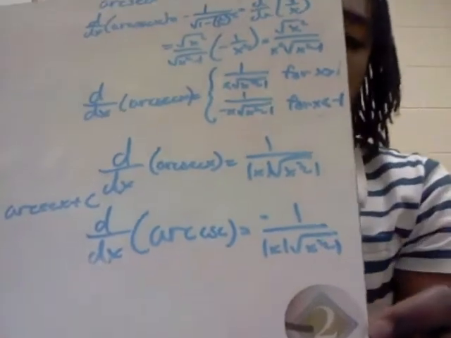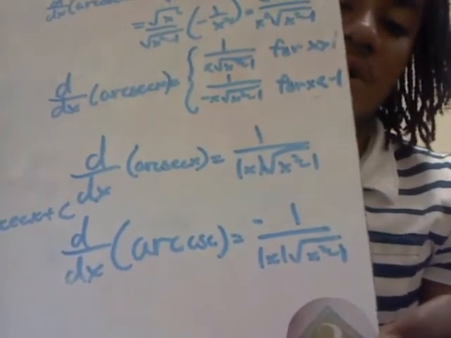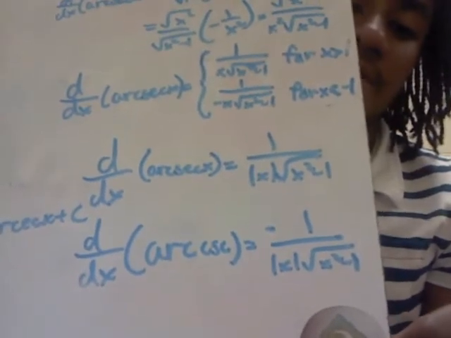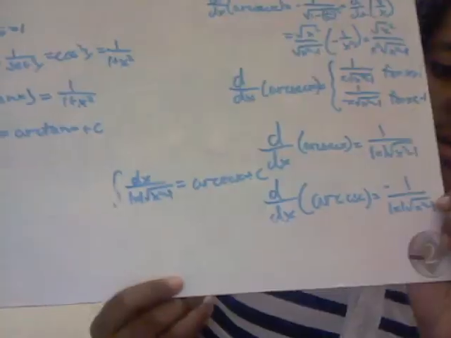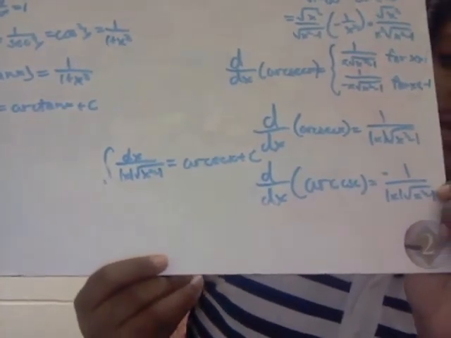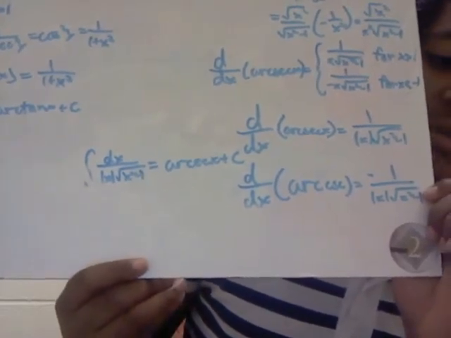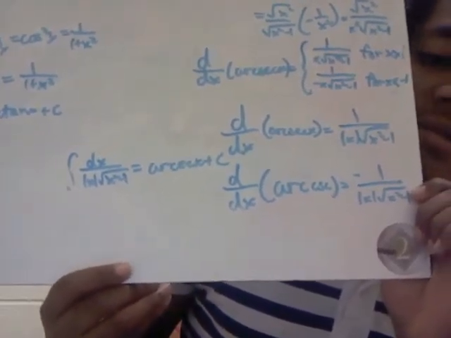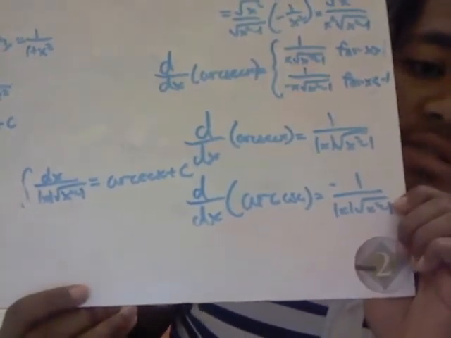So the derivative of arc cosecant equals negative 1 over the absolute value of x times the square root of x squared minus 1. This in turn leads to the antiderivative of dx over the absolute value of x times square root of x squared minus 1 equals the arcsecant of x plus c.